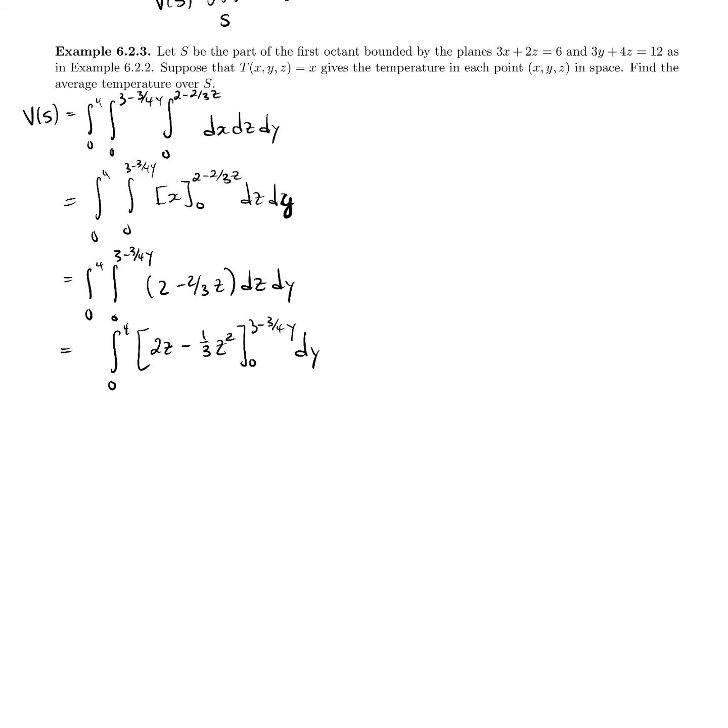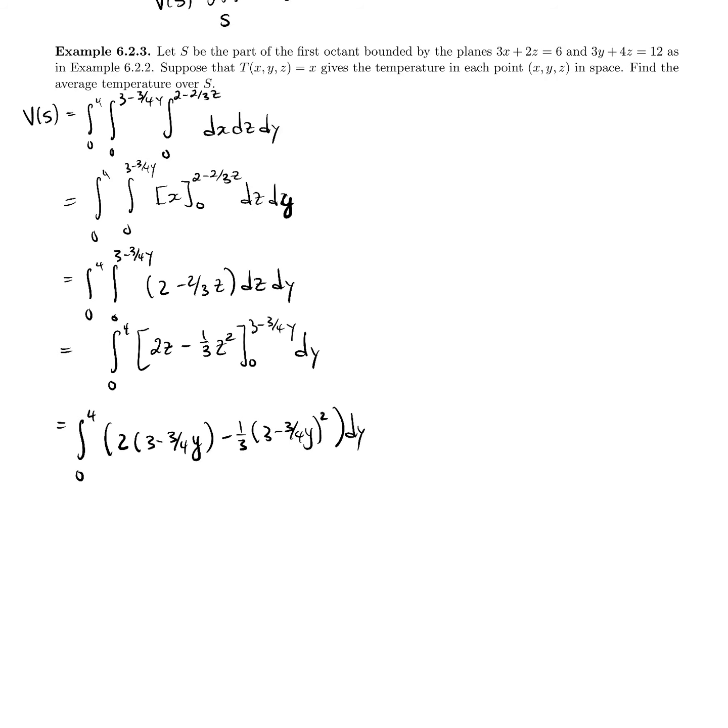So again, we have a 0 on the bottom, so that will give us 0 in both of these terms. We just need to plug in the top, so we're going to have the integral from 0 to 4 of 2 times 3 minus 3/4 y minus 1/3 of 3 minus 3/4 y quantity squared dy.